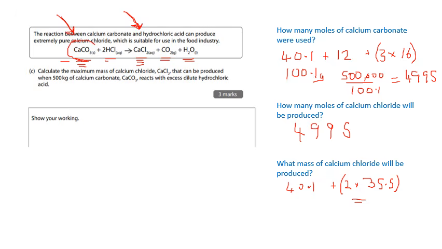So the molar mass of CaCl2 is 111.1 grams.